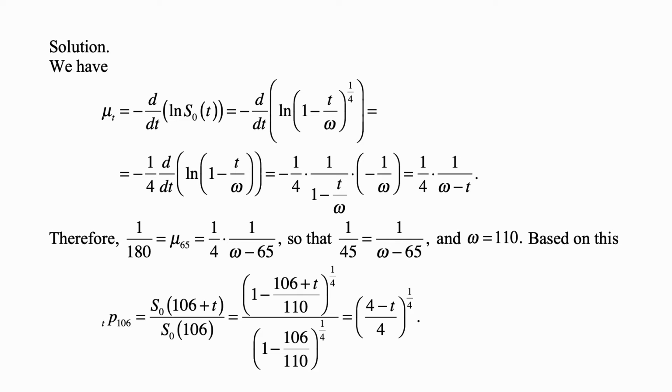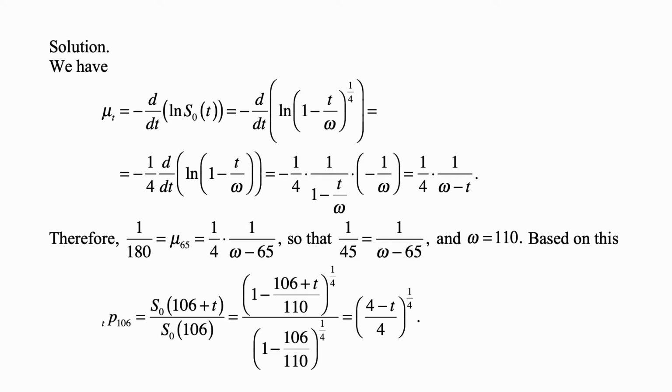That's equal to, you can just put the 1/4 in front of the natural logarithm, because it's a constant. So minus 1/4 times the derivative with respect to t of the natural logarithm of 1 minus t over omega. That's negative 1/4 times 1 over (1 minus t over omega) multiplied by minus 1 over omega.